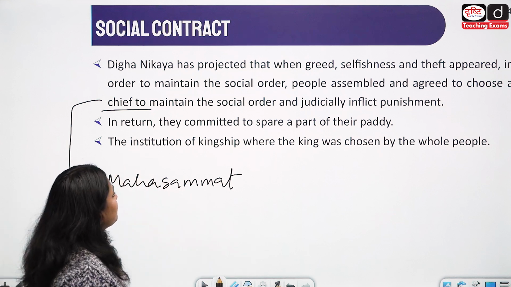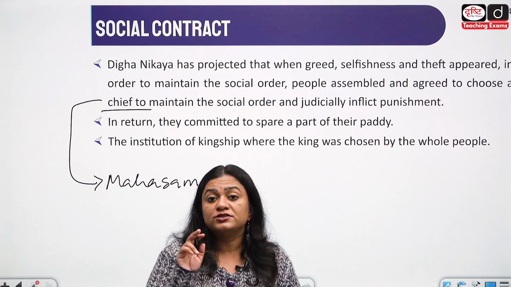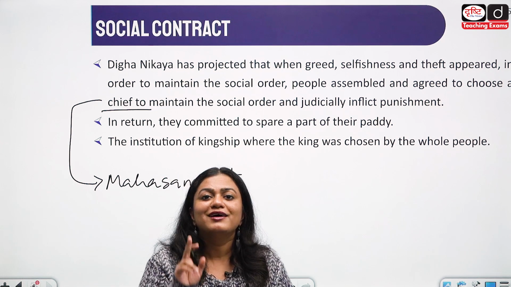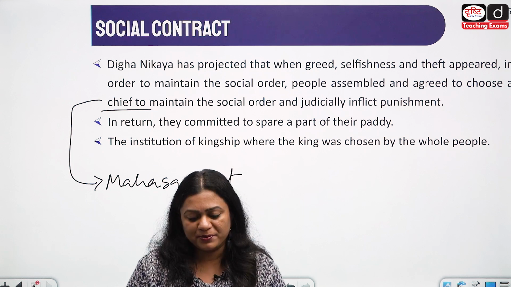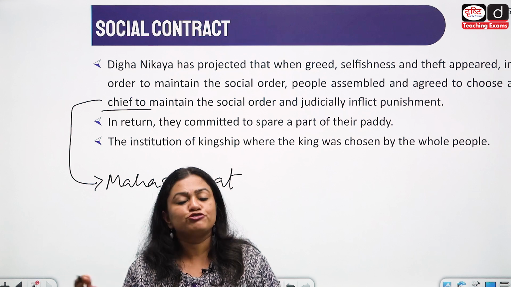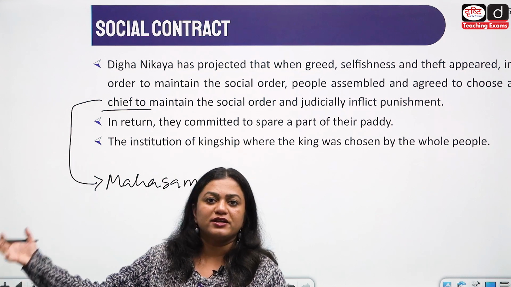And the institution of kingship, where the king was chosen by the whole people. It is not a representation of God or of divine origin, but the king is chosen by the people. It is not a divinely ordained king or anything.